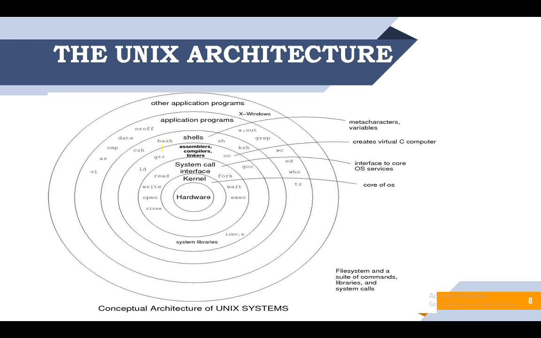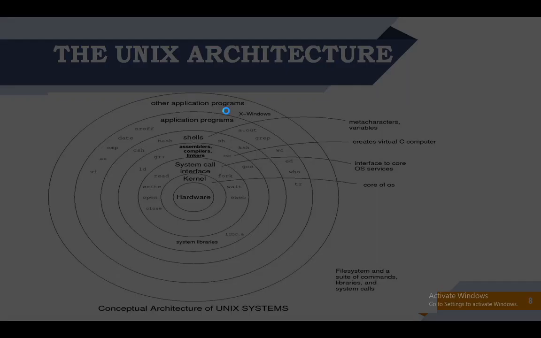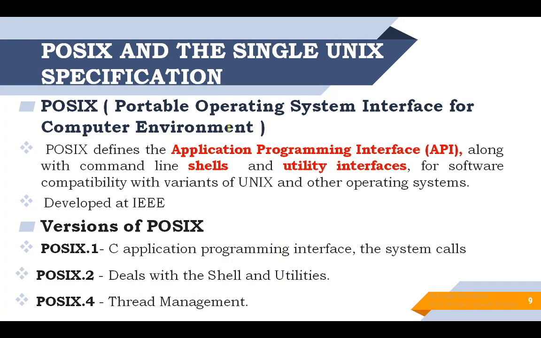For example, bash shell, sh shell and ksh shell. Application program means here it will consist of all the commands and other application programs through which the user will communicate. Then next is POSIX and the single Unix specification.